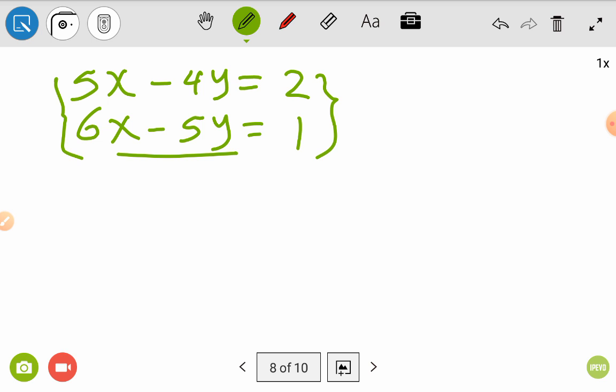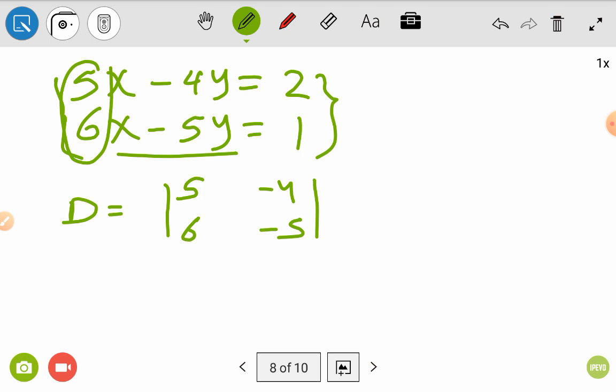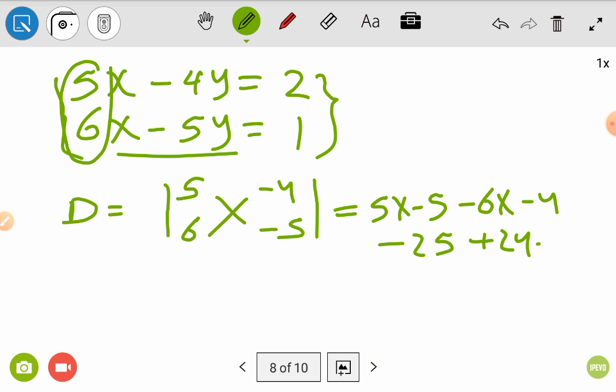The first step, you have to get the determinant D equals the coefficients of x vertically, and the coefficients of y, -4 and -5. Cross multiplication will be equal to 5 times -5 minus 6 times -4, here -25 plus 24, equals -1.